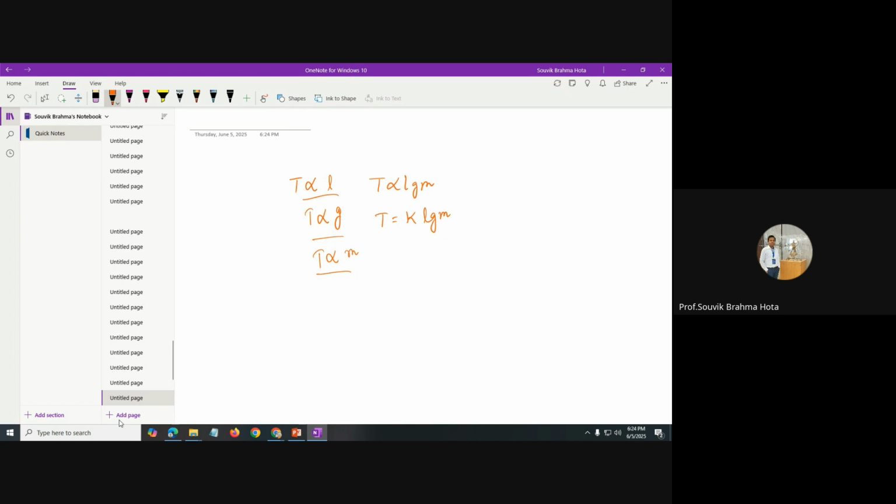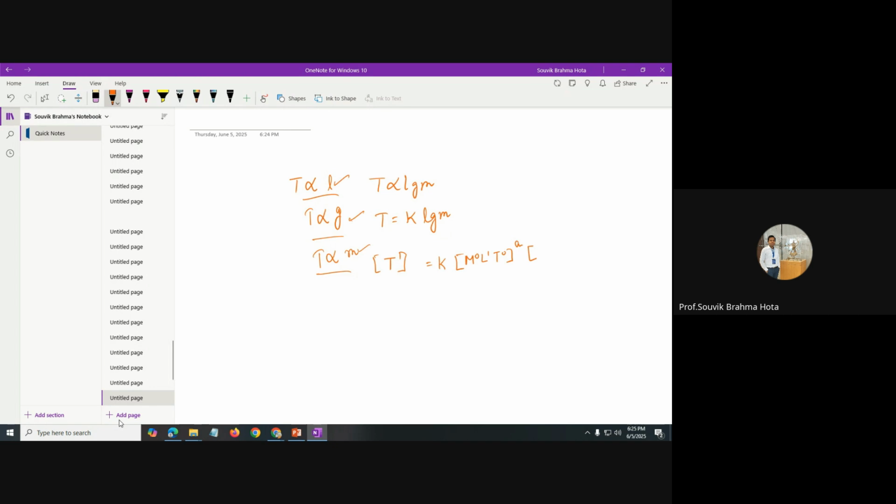Now how to define the relation? See, initially time period in MLT dimensions is only T, and the power is 1. K doesn't have anything. L, length, means M0 L1 T0. Now with this quantity I should give a power, that is a. Because these are three different dependencies, with L first I assign a power a.